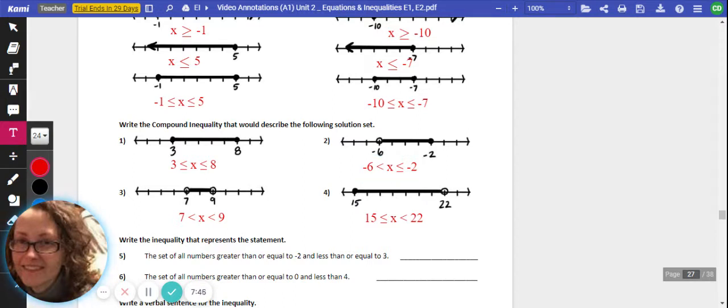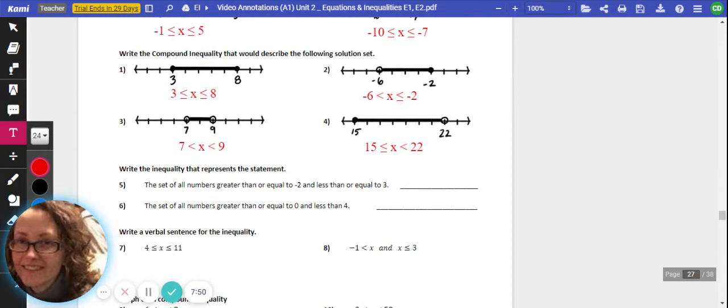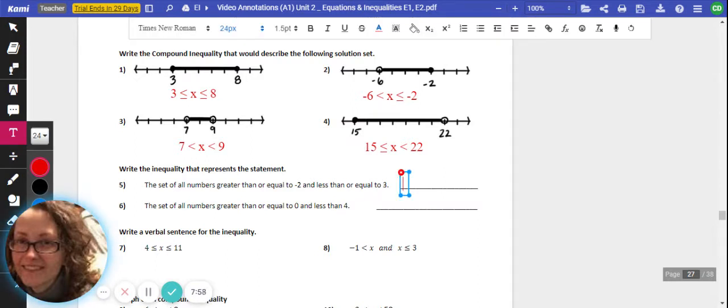But AND is a lot different than what we've done so far. So I want to write the inequality that represents the statement below. So the set of all numbers greater than or equal to -2, and that should clue us into the fact that we are going to have this combined statement like this, and less than or equal to 3.